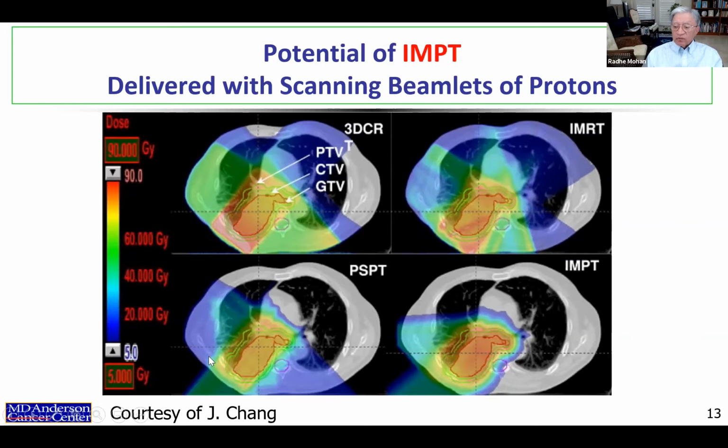And then when we introduced proton therapy, we found that you can spare a lot more regions here. But as you can see, IMPT is even more powerful and can reduce the dose to surrounding tissue to a much greater degree. This is a simple illustration to make the point that IMPT is, or can be, considerably superior compared to PSPT.